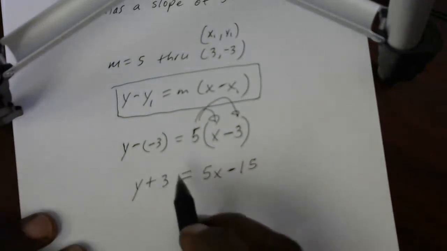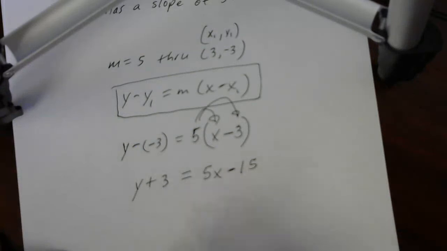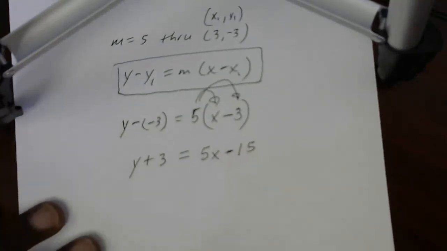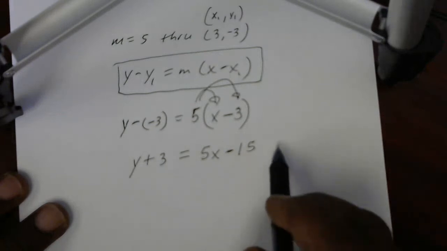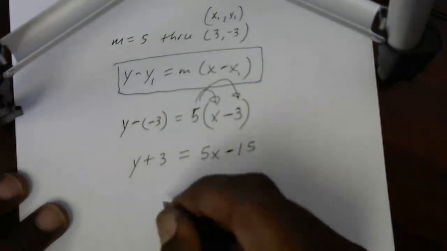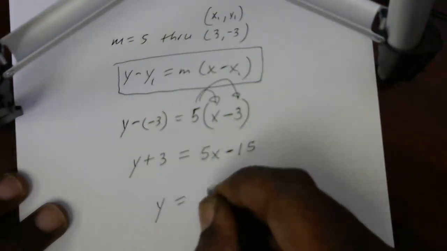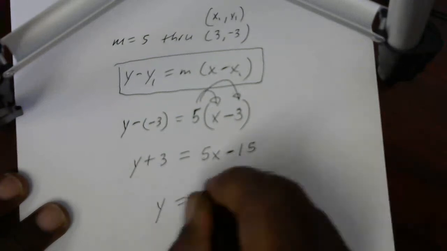And we want to put our final answer in slope-intercept form. So that basically means we want to solve it for y. So in order to solve for y, I'm going to simply subtract 3 from both sides. So y is equal to 5x minus 18.